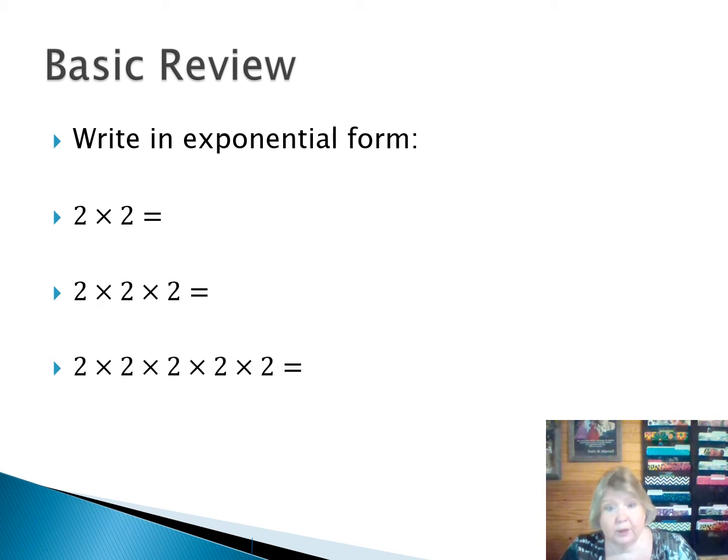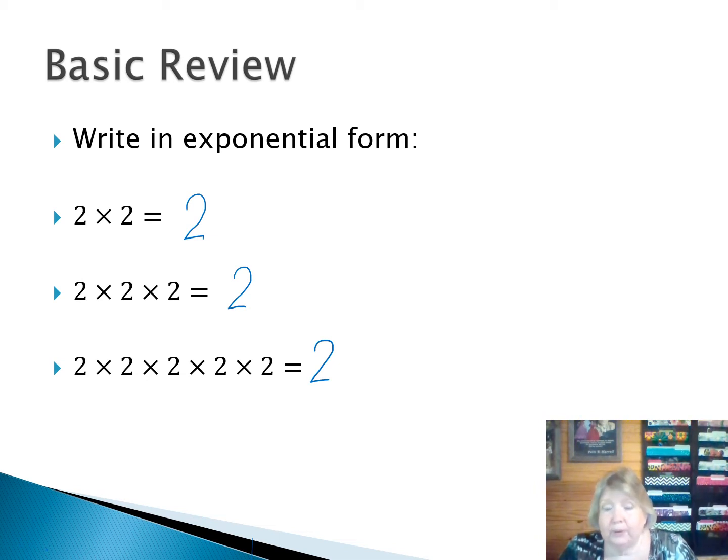When we first learned about exponentiation, we learned that exponentiation occurs when you have a number that is being multiplied by itself. That number that's being multiplied by itself is what we call a base. And so in all three examples on this page, the base is 2.